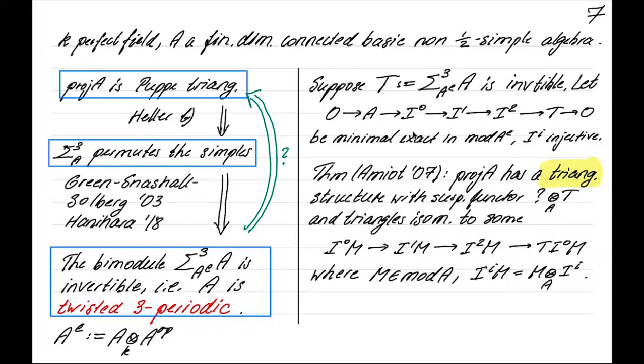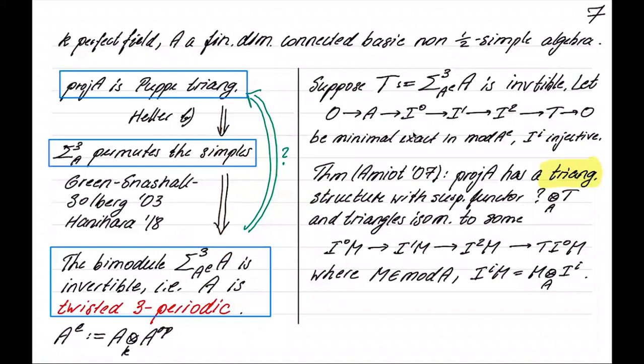So one subtle point is that when we go around the cycle in this way, we have no reason to expect that we get back to the same triangulated or Puppe triangulated structure. Yes. So we just have an equivalence of existence. The existence of such a structure is equivalent to this property, but we have no control on the structure itself. In particular, it might change when we go around.